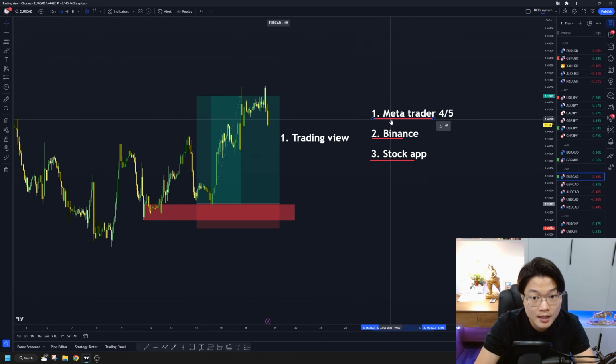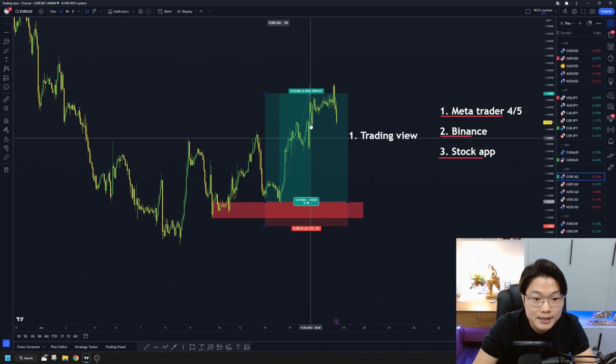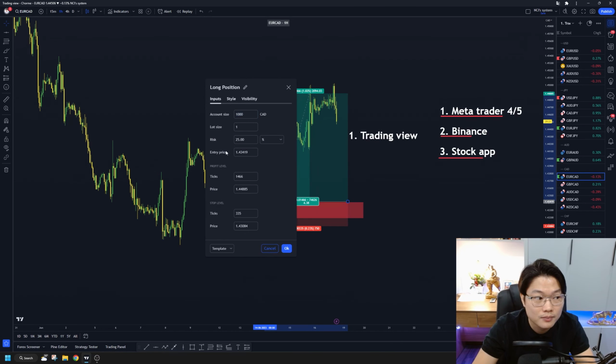For example, here is one of my trades last week. I have the entry right here, and I can double click on this one. I can have the entry price, the take profit price, and the stop level right here. So I have 3 pieces of data for an entry.